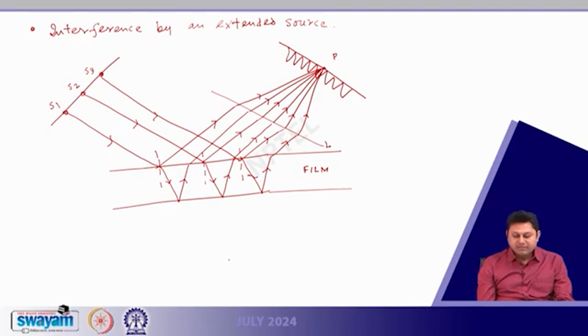So this is the way one can understand how, for an extended source, the interference patterns are formed. In experiments we generally have an extended source, not a point source. So it is important that you understand the setup through which the fringe patterns are formed.